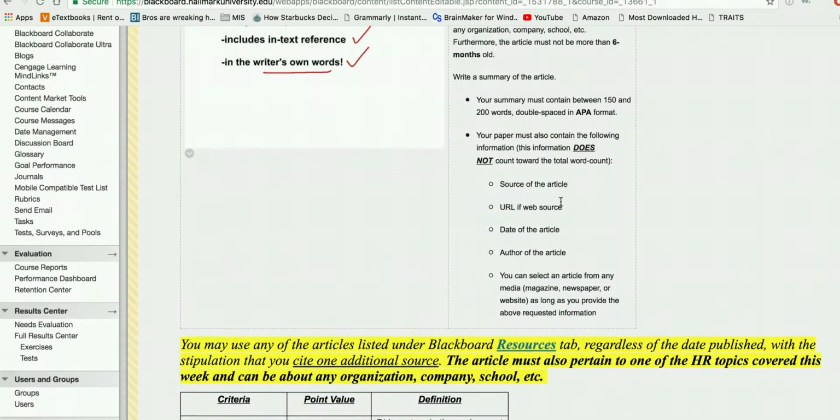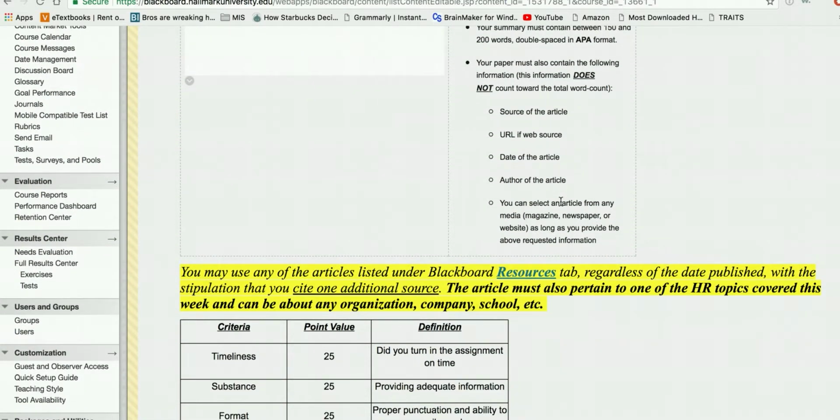One of the options that I'm giving you is that you may use any of the articles listed in the Blackboard Resources tab, regardless of the date published, with the stipulation that you cite an additional source. I'm giving you an opportunity to pick an article from a select list that I have compiled.